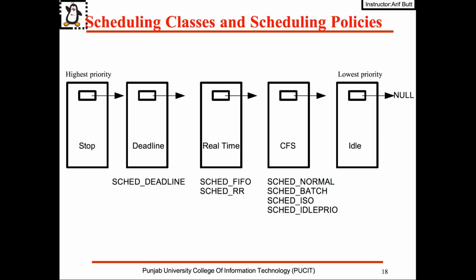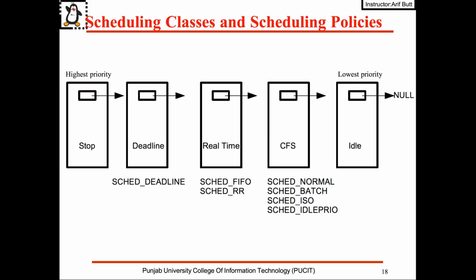The scheduling policies used by CFS are SCHED_NORMAL, which is the default for all user processes, SCHED_BATCH for CPU intensive tasks, SCHED_ISO, which is unused or reserved, and SCHED_IDLE for low priority tasks.